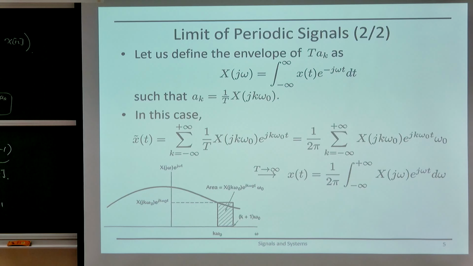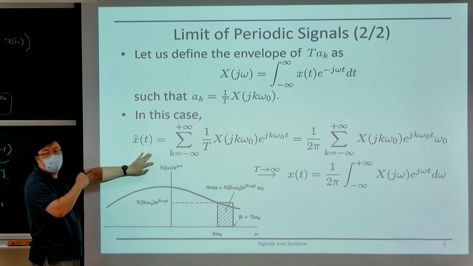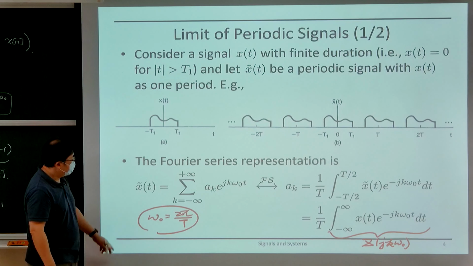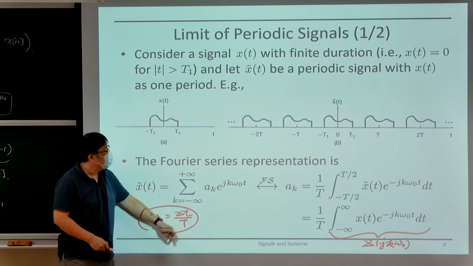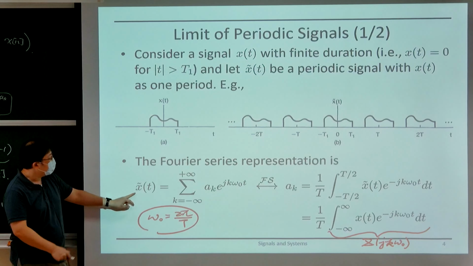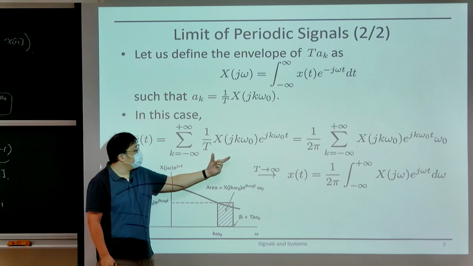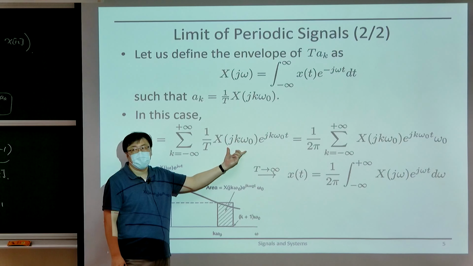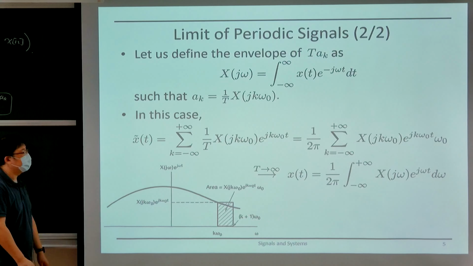So then let's take this and plug it back into the Fourier series representation. Therefore, x tilde of t, you can write as the summation of a_k, which is 1 over T capital X of j k omega naught times e to the j k omega naught t.